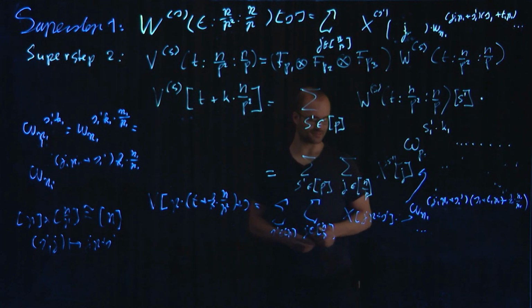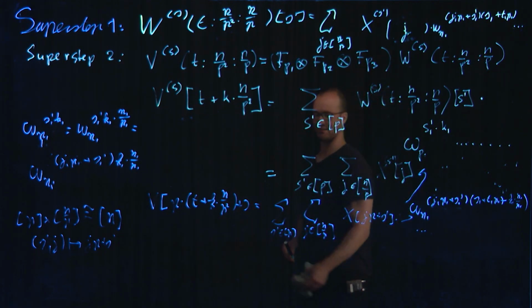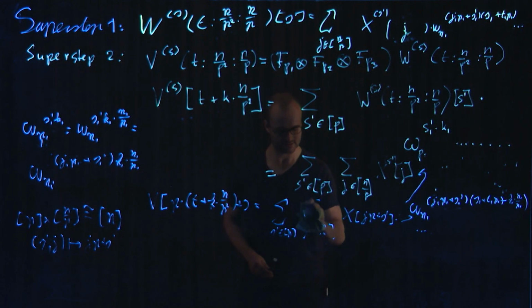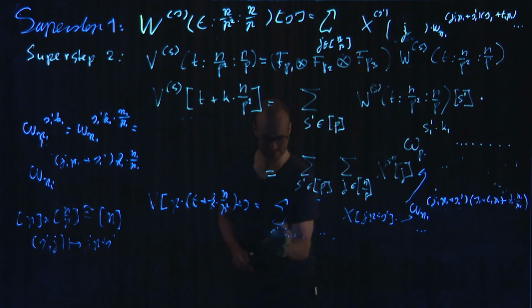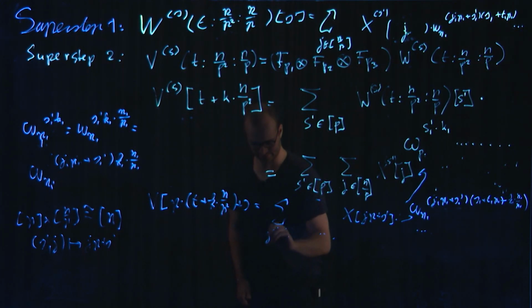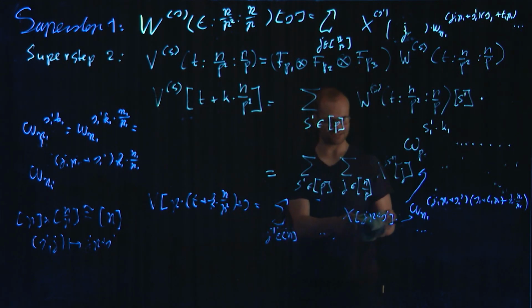So I would just wipe this out and use this index transformation, which means we only have one sum here. And as an index I will use J prime. That means that this index is just going to become J prime.